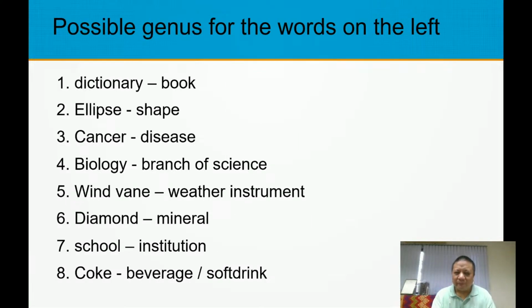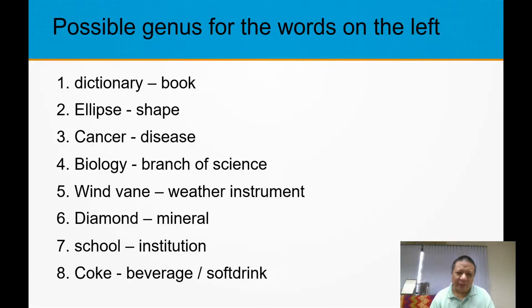Okay. Now, if you look at the list here, you have detailed words which are on the left, and you can provide a genus for that word. For example, dictionary, the domain or genus for that could be book. Ellipse, the genus could be shape.